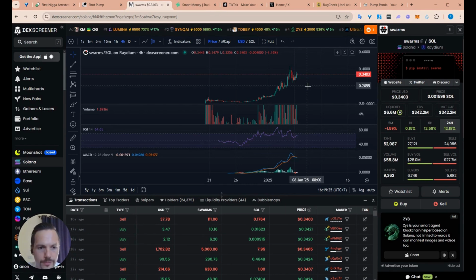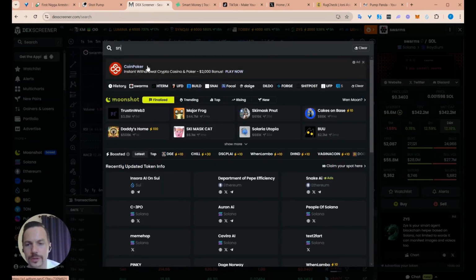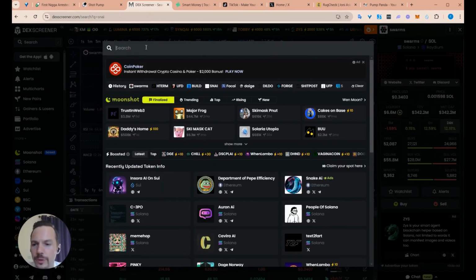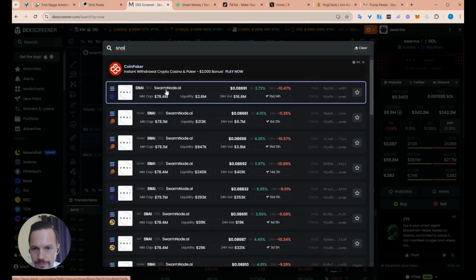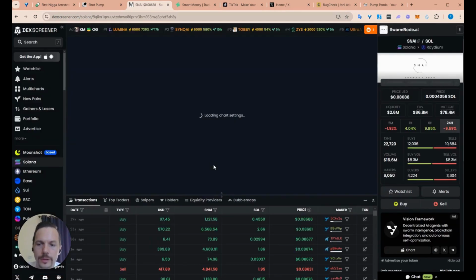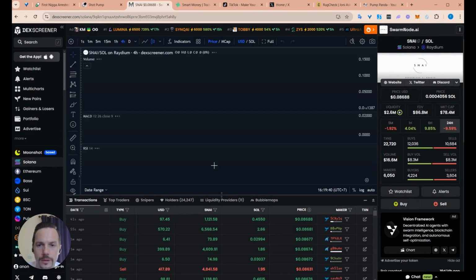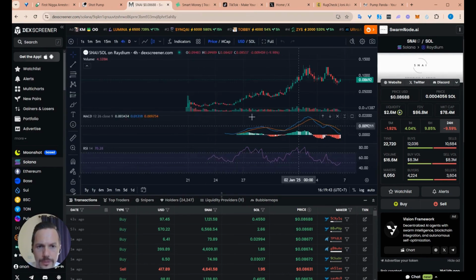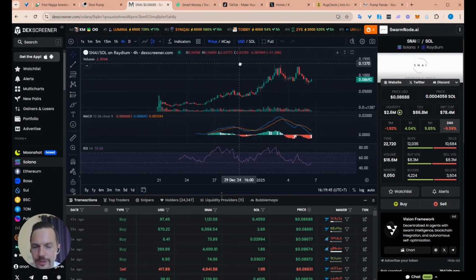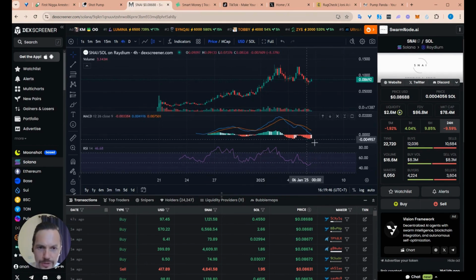And exactly, let me give you another coin here that I'm personally watching right now. Interesting coin. It's more of a utility coin now, not a classic meme coin. Here we see, for example, it's a bit different. I'm also here on the 4-hour chart.